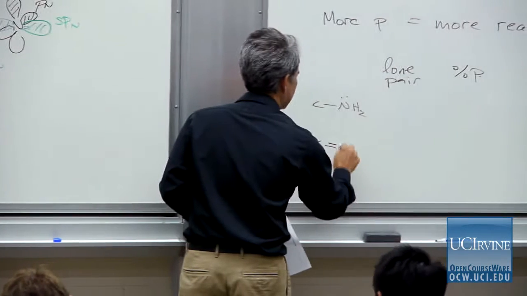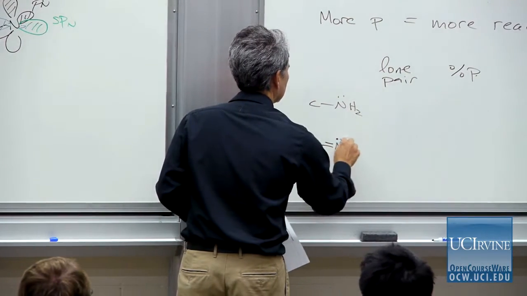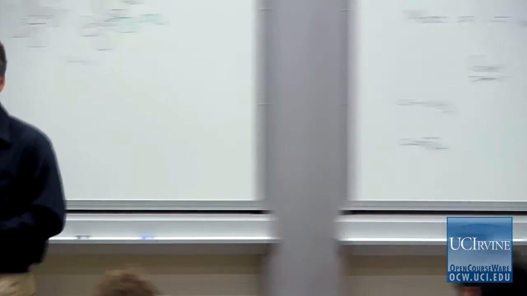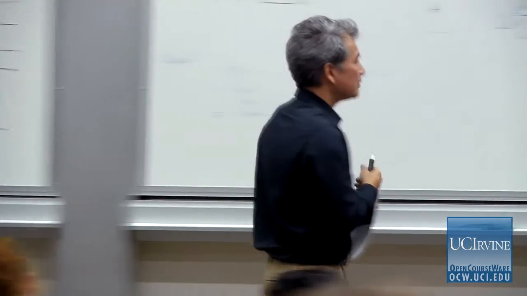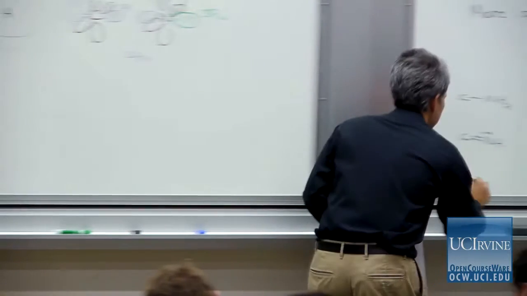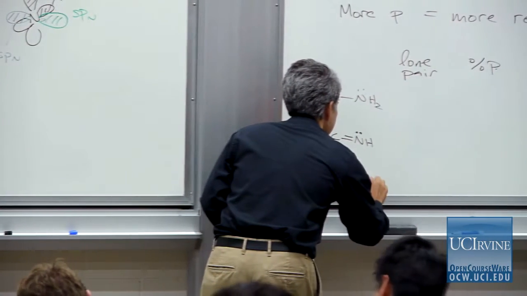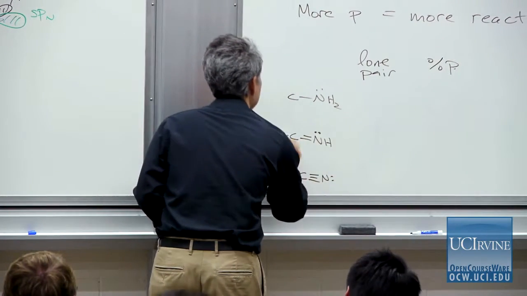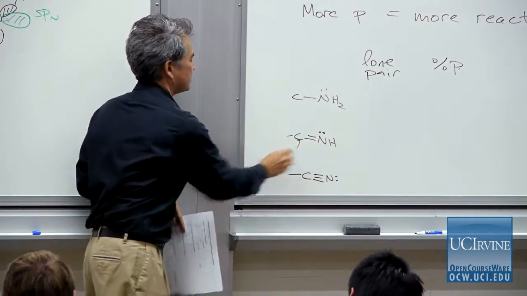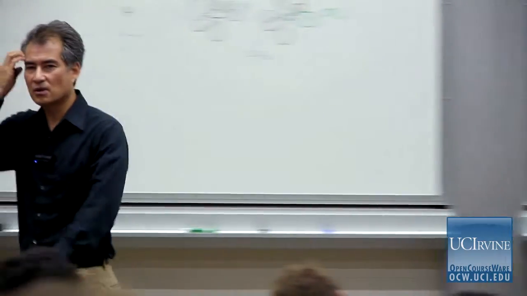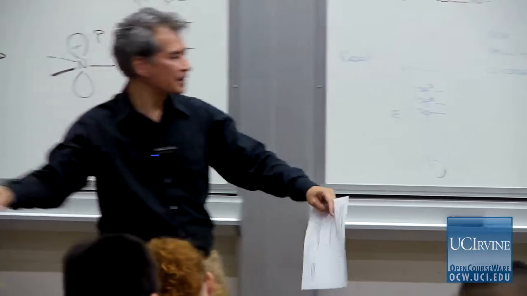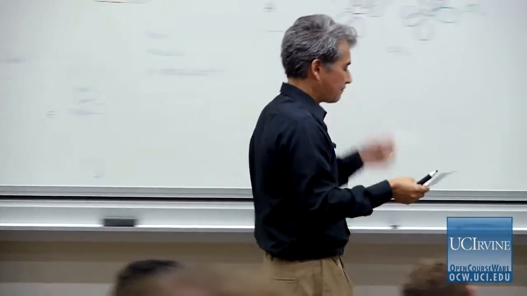If I have some sort of an imine with a lone pair on nitrogen that has two other bonds to it, that's not the same. And if finally I compare that to hydrocyanic acid or to an organic nitrile, I would end up with something that looks like this. So here's three different nitrogen lone pairs. They're all lone pairs. They're all on nitrogen, but they're different.